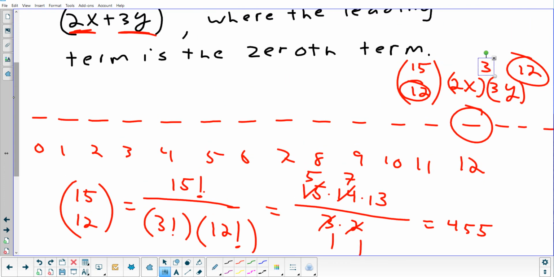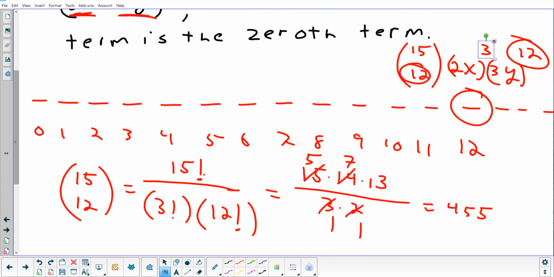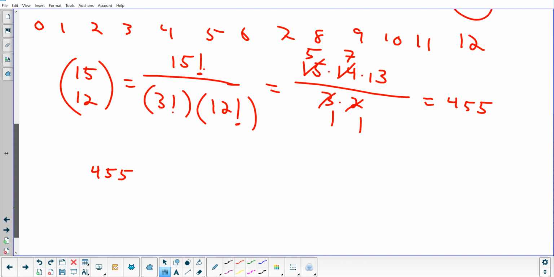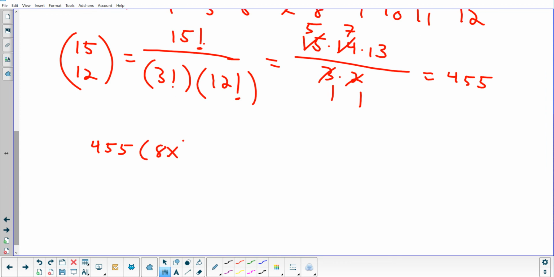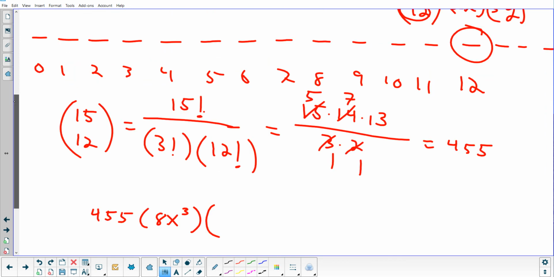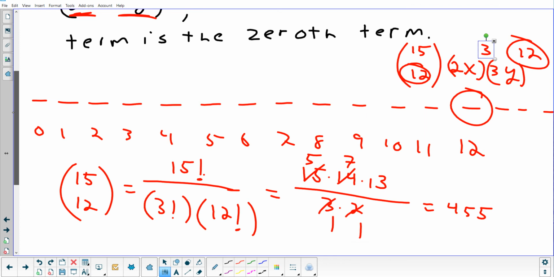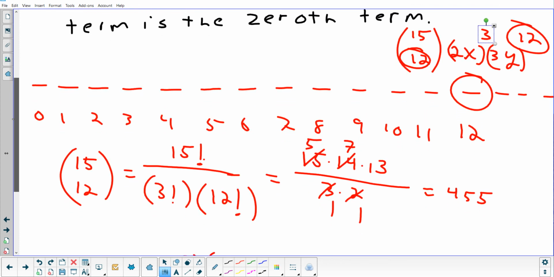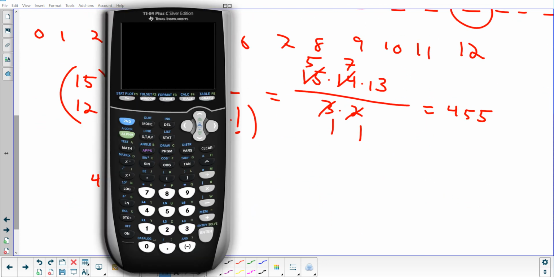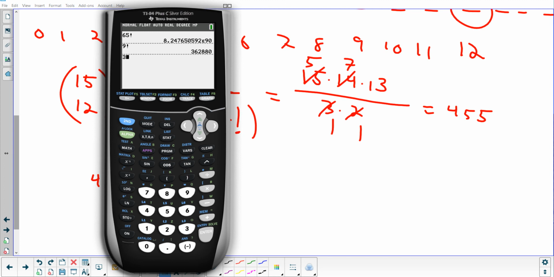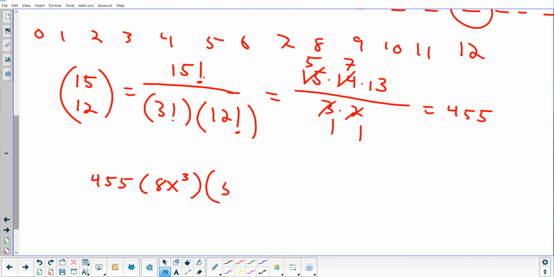What's 2x cubed going to turn into? 8x cubed. So 8x cubed and 3y to the 12th. Well, 3 to the 12th is 531,441.